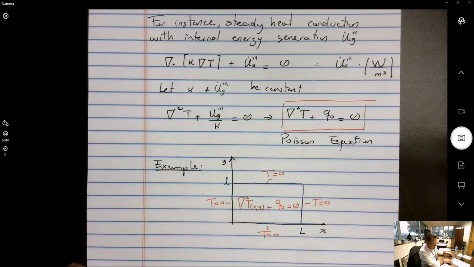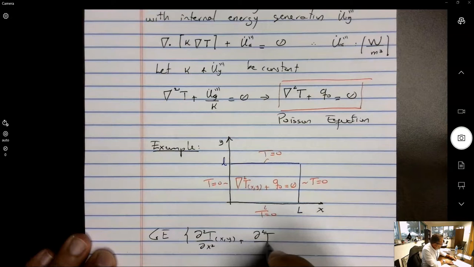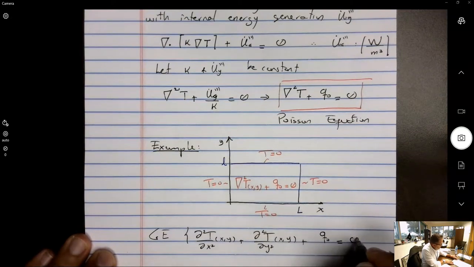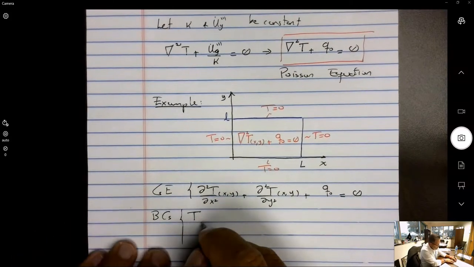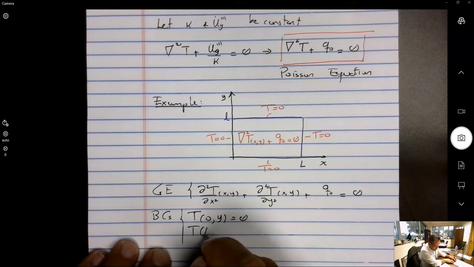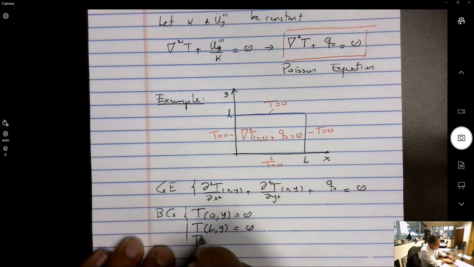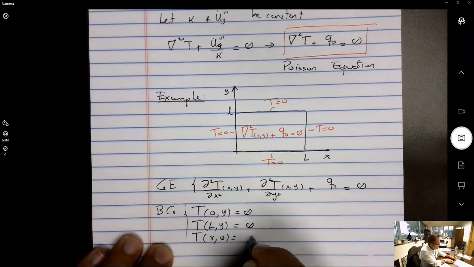So again, the governing equation looks like this. The Laplace of T, which is the second derivative of T with respect to x squared, plus the second derivative of T with respect to y squared, plus some constant Q0 is equal to 0, where the boundary conditions are given by temperature at (0, y) is equal to 0, temperature at (L, y) is equal to 0, temperature at (x, 0) is equal to 0, and temperature at (x, small l) is equal to 0.